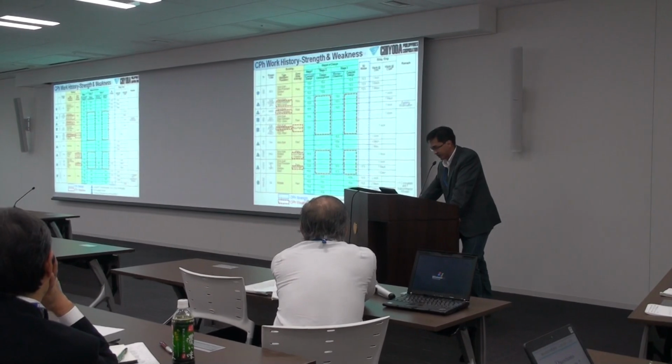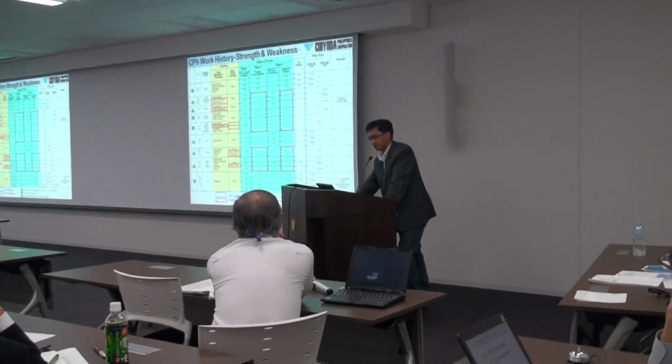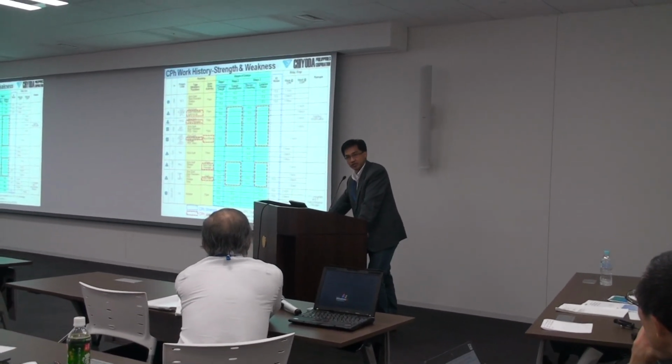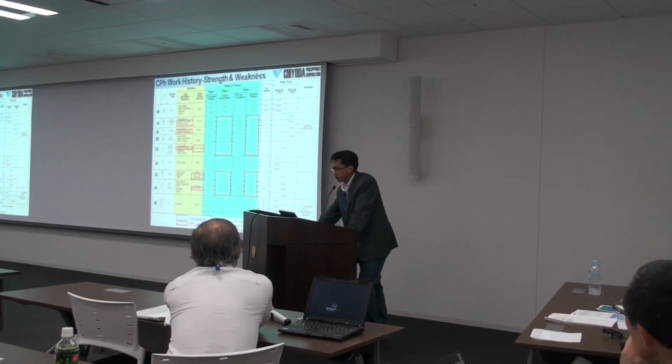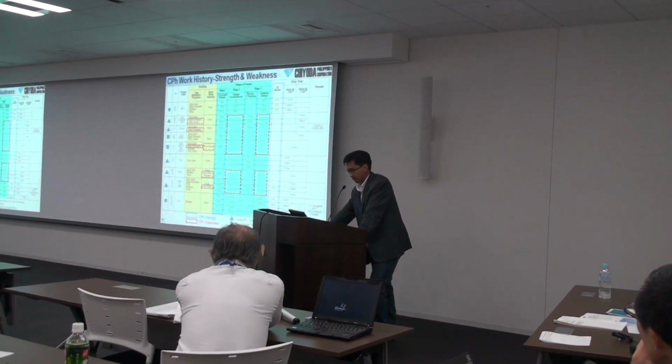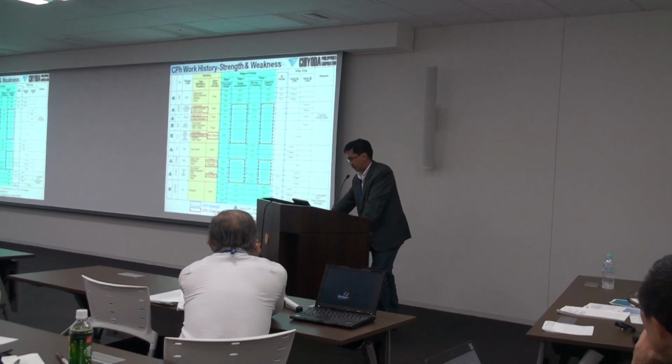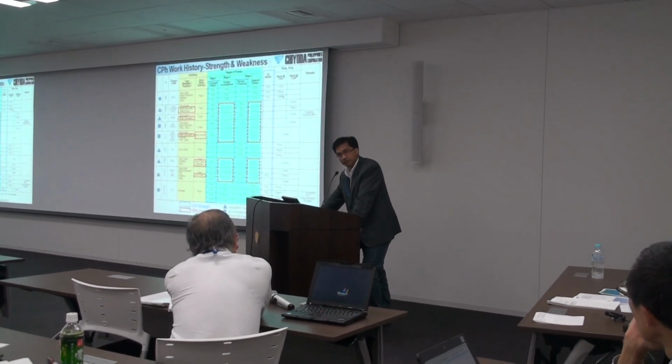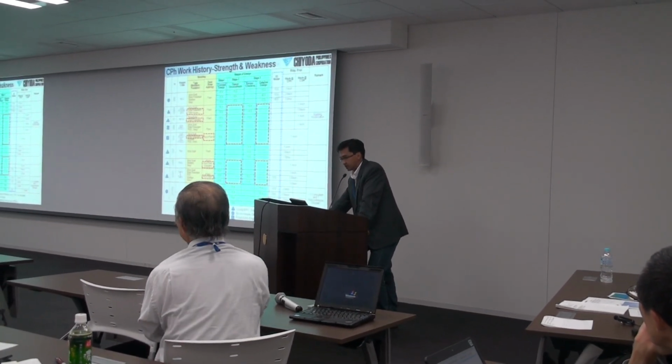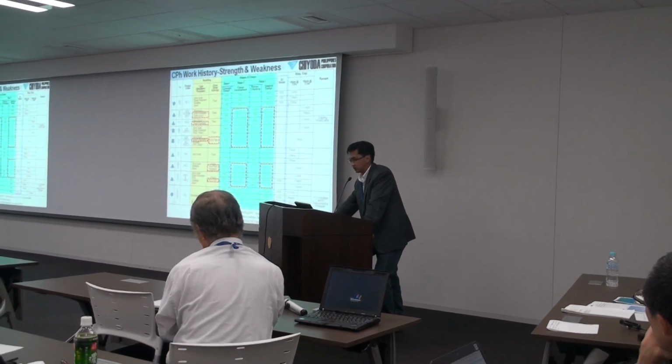Also part of my summary is our CPH work history, showing the strengths and weaknesses of our group in Manila. Beginning with the SEG project, we only had around 3 members before, doing all stages of design, from stage 1 to stage 3.